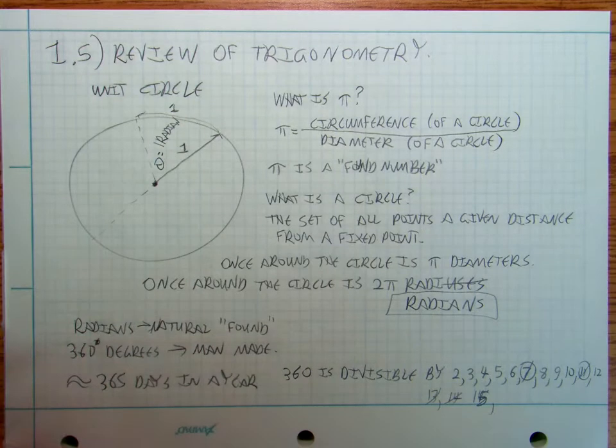Not quite. But you get the point. 360 is approximately equal to 365 days, and it's divisible by a lot of common numbers. Nevertheless, we want to use radians.